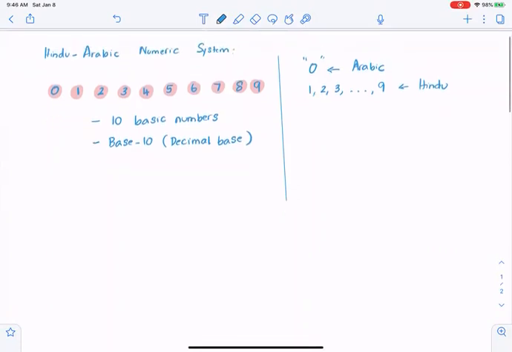Now, anytime we deal with numeric systems, we want to know what type of conversion to use or how to interpret the number. So in order to do that, we've got to know something called exponents, which are quite simple.